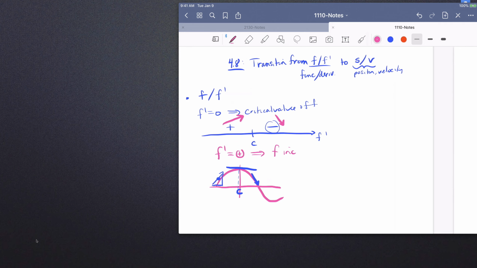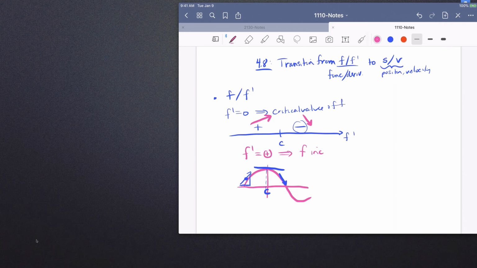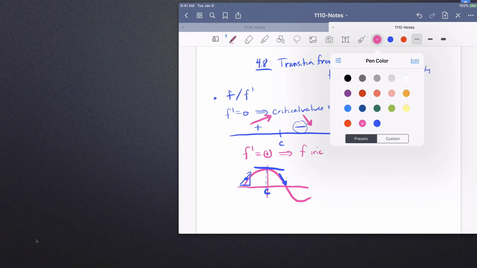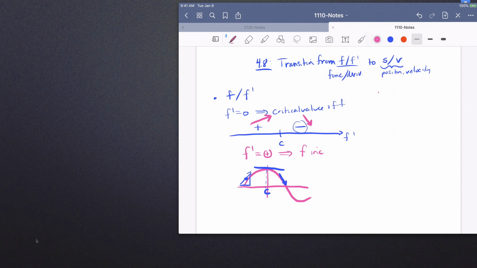So this is where we have come from, and what we need to do in the next videos is to talk about position and velocity. Position is a function of time, playing the role of our function, and the derivative of the position function we're calling velocity.